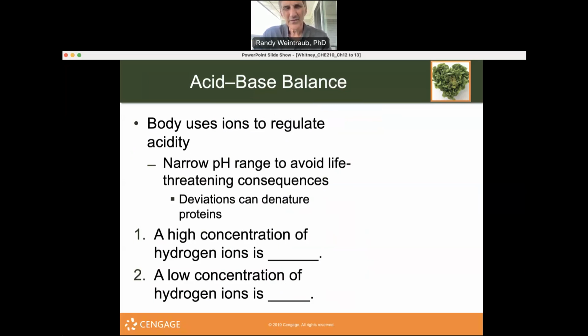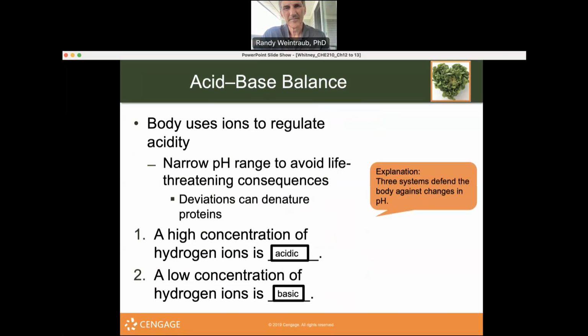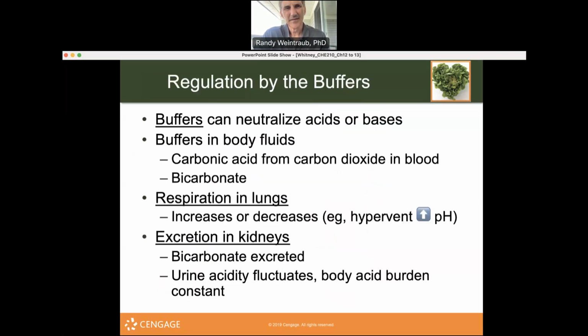And just to recall, a high concentration of hydrogen ions is acid or acidic, and a low concentration would be basic. We regulate the pH with buffers.